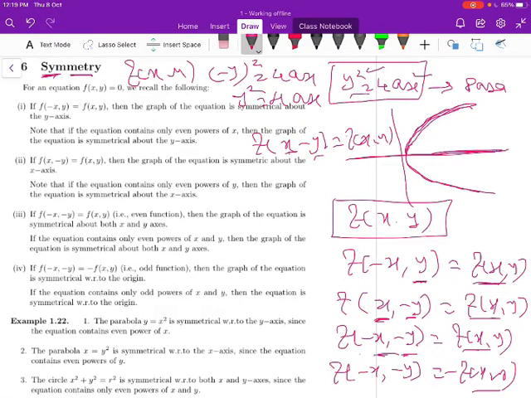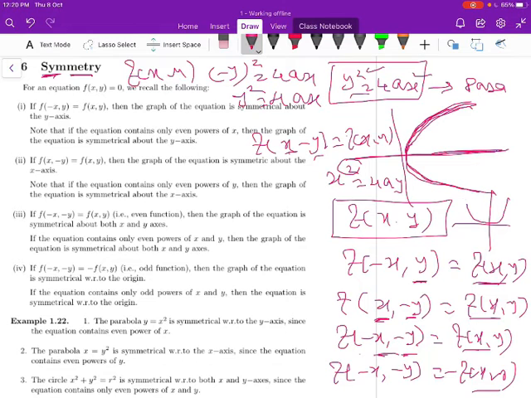Otherwise, simply you can write: suppose the function has even powers of y, then the curve is symmetric about the x-axis. Suppose the curve has even powers of x, for example x square is equal to 4ay, then the curve is symmetric about the y-axis.